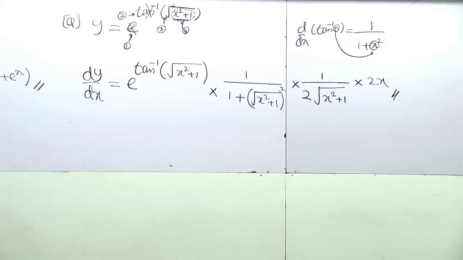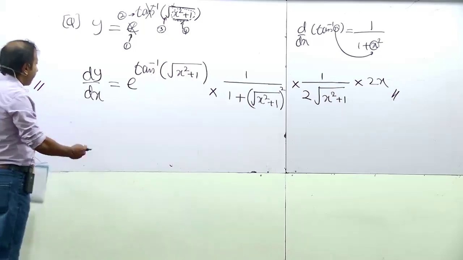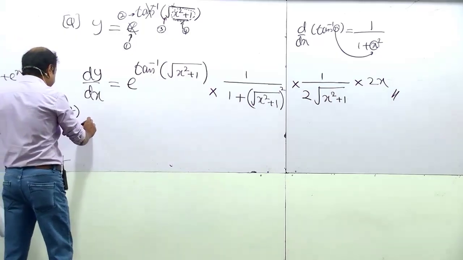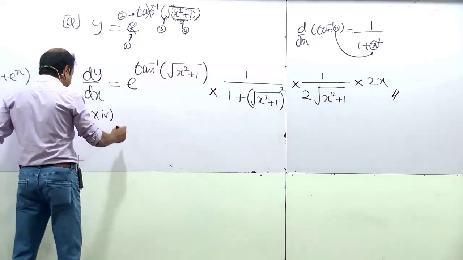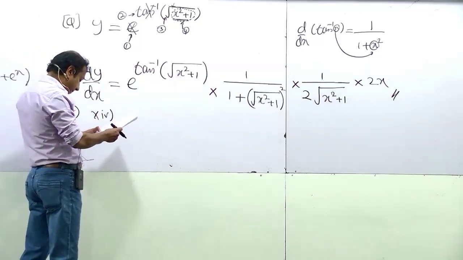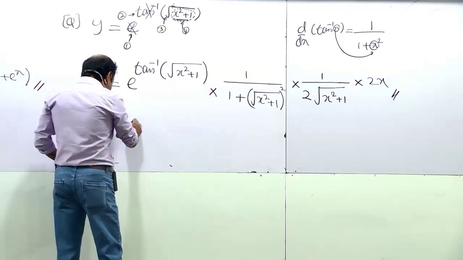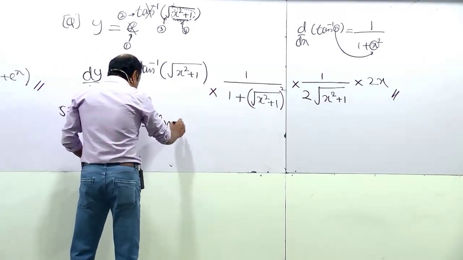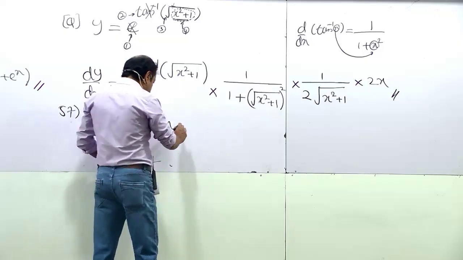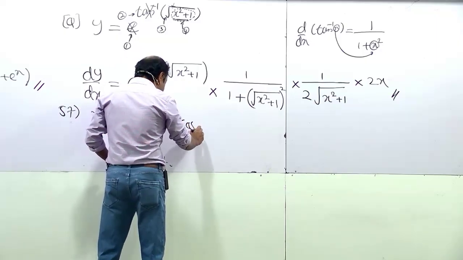Now take your tutorial 57 part 14. Take 57 part 14. y equals ln cos root x.